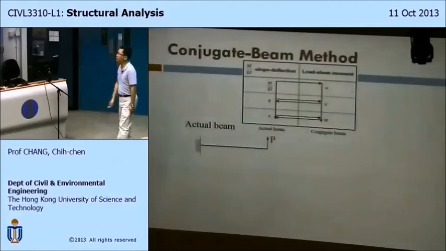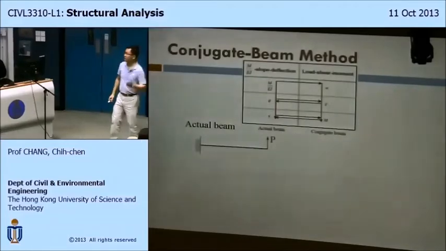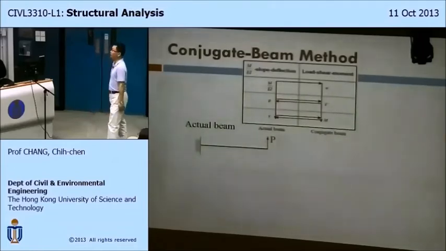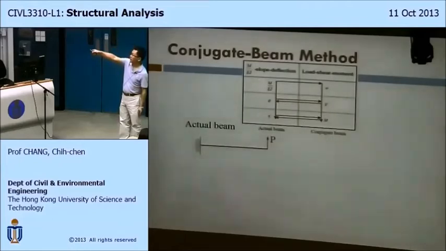No problem. But instead of doing that, can I convert everything to this domain? By convert, I mean that I need to find M over EI and consider M over EI as loading. I need to find the rotation angle and consider the rotation angle as shear force. And I need to find deformations and consider deformation as bending moment.